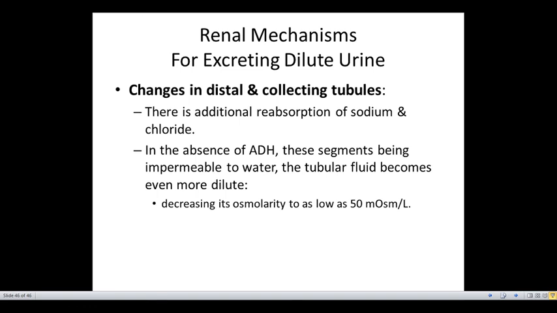Changes in distal and collecting tubules. Here there is additional reabsorption of sodium and chloride. In the absence of ADH, these segments being impermeable to water, the tubular fluid becomes even more dilute, decreasing its osmolarity to as low as 50 milliosmoles per liter.